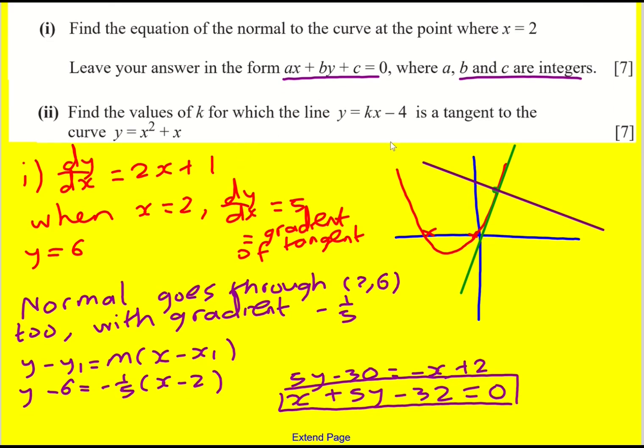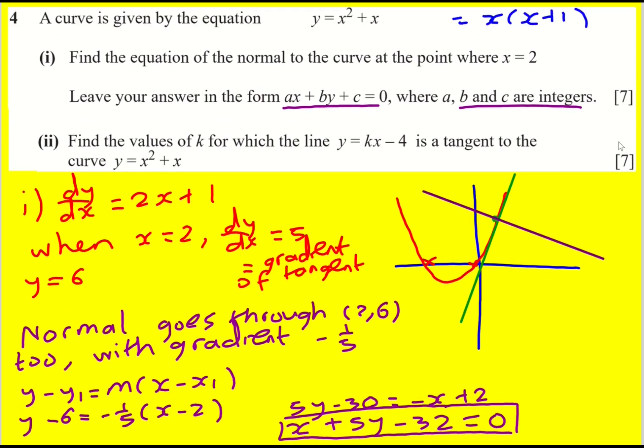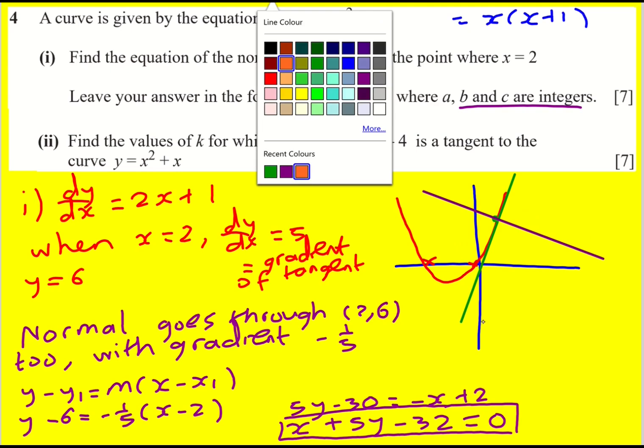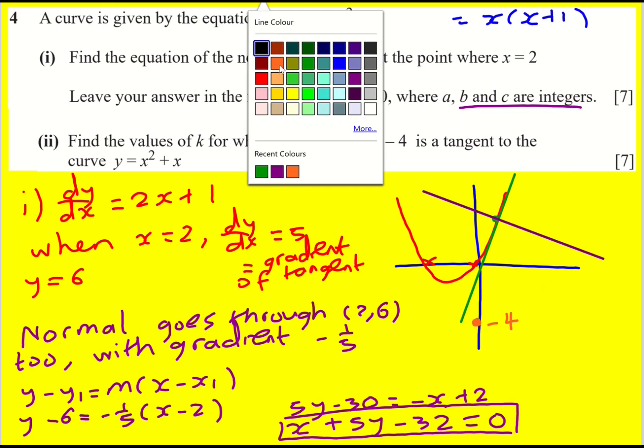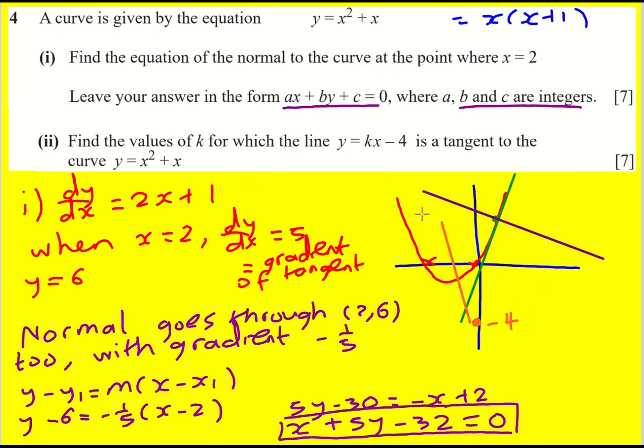And we're asked to find the values of k for which the line y equals kx minus 4 is a tangent to the curve. So I know that the y-intercept is -4. I'm still sticking with my accurate looking graph. And I want to get a tangent. So that means I'm potentially going to get a tangent here, but also here.